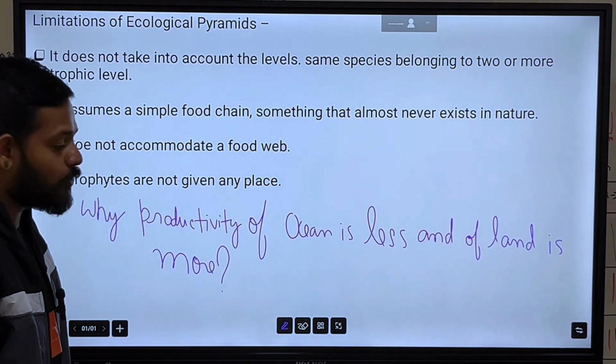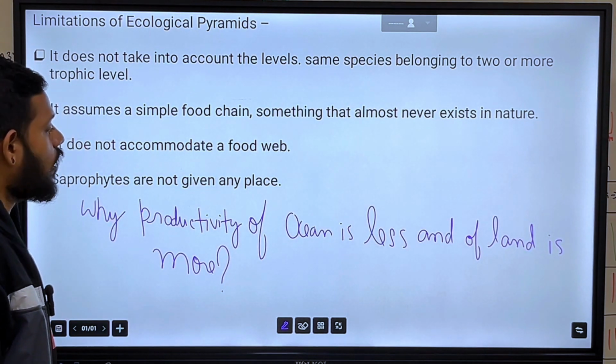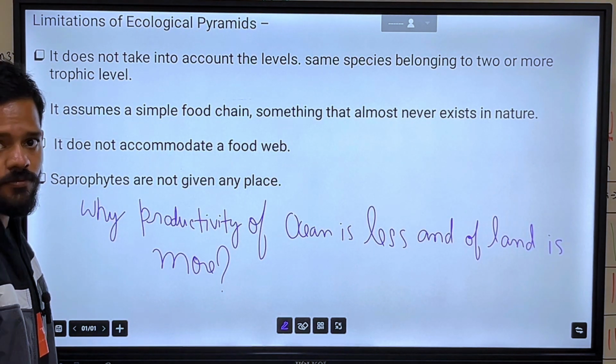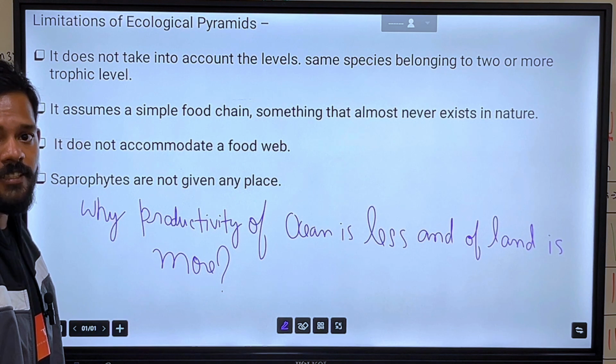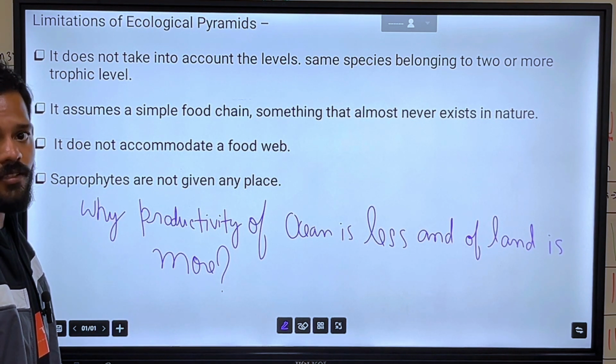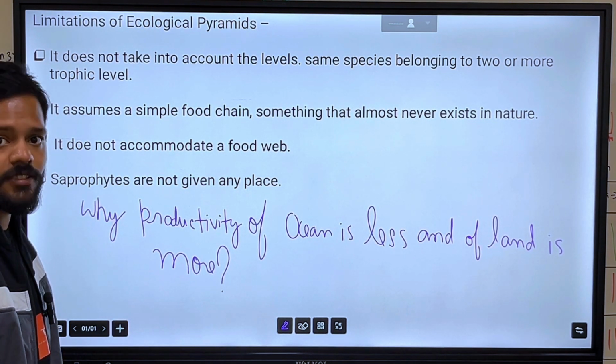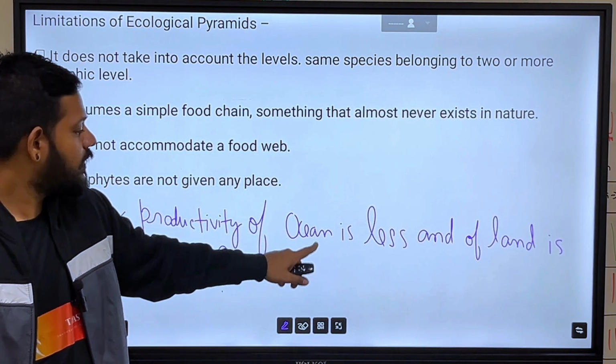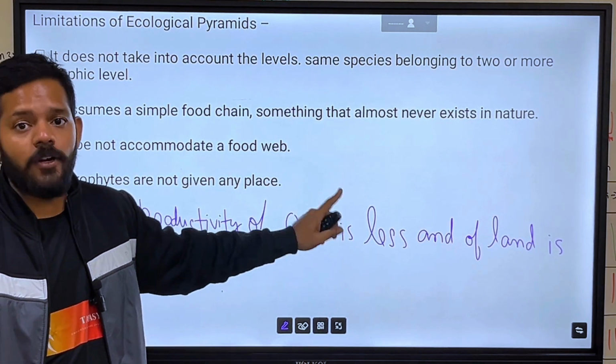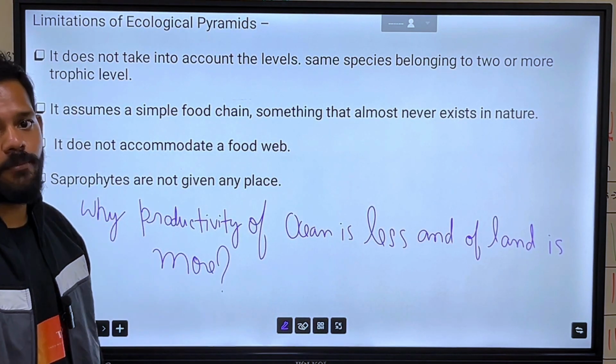Why is the productivity of the ocean less and of land more? On the other hand, when we see that the ocean is more on earth and land is less on earth, still why does the ocean have less productivity and land have more productivity?